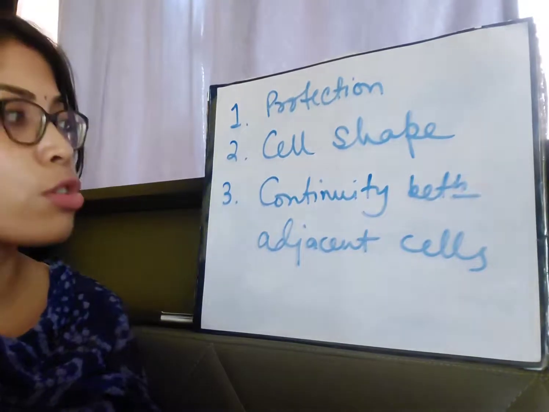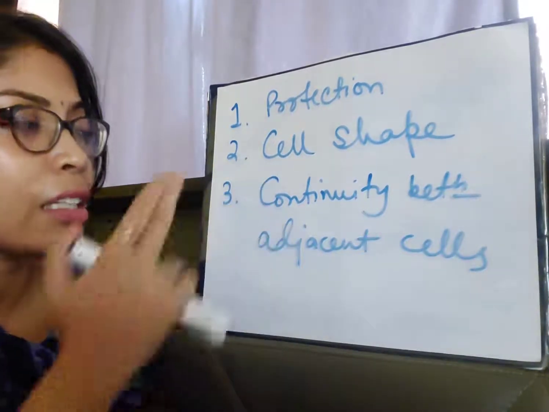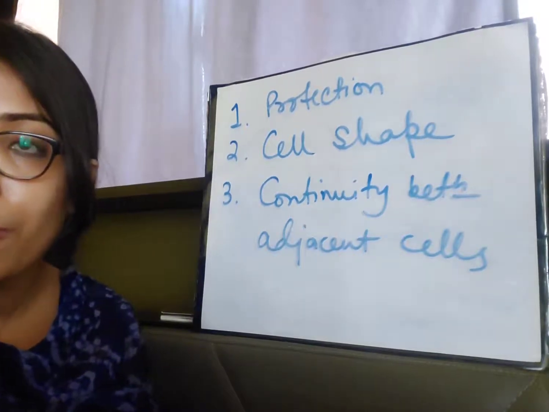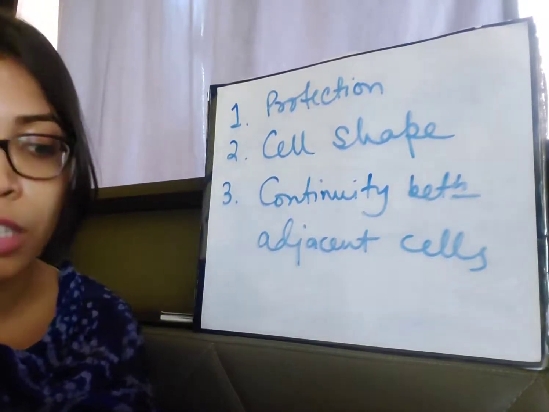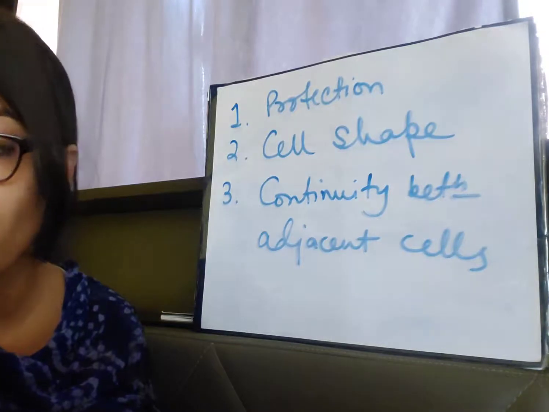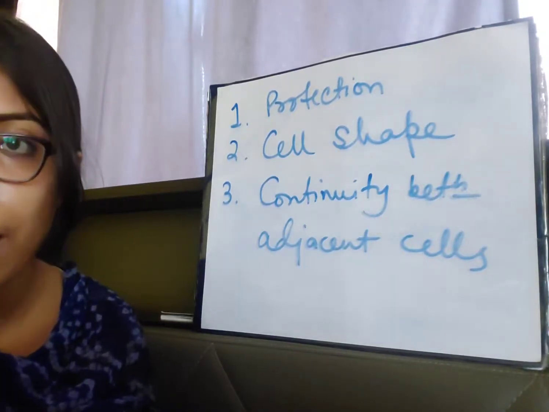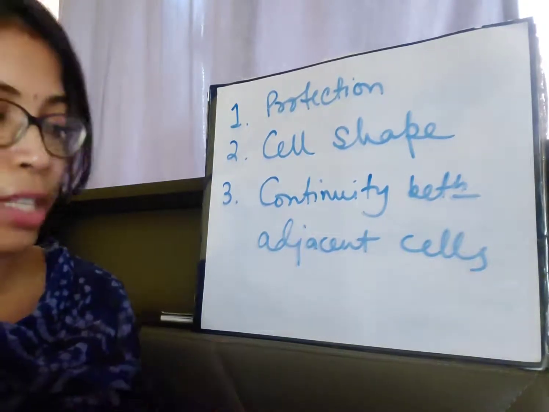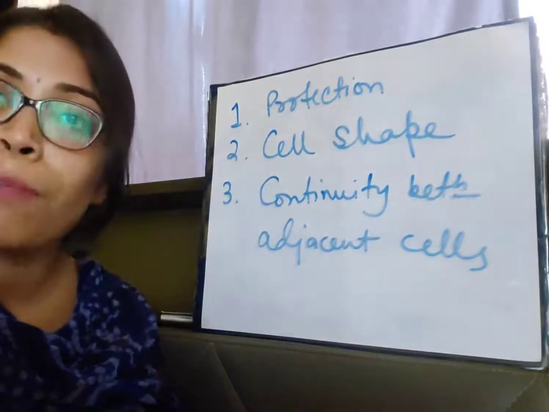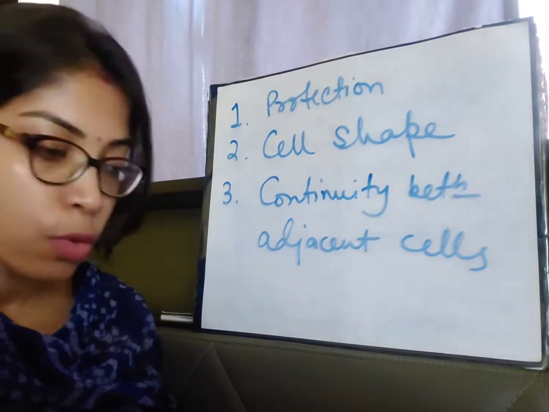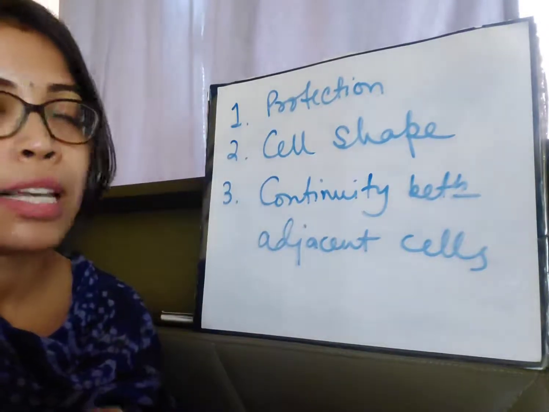This point also comes under the third point, because continuity is present between two adjacent cells due to such junctions or gaps in the cell wall. This interchange of substances can be done between two adjacent cells. So if you write these three points, that is enough.